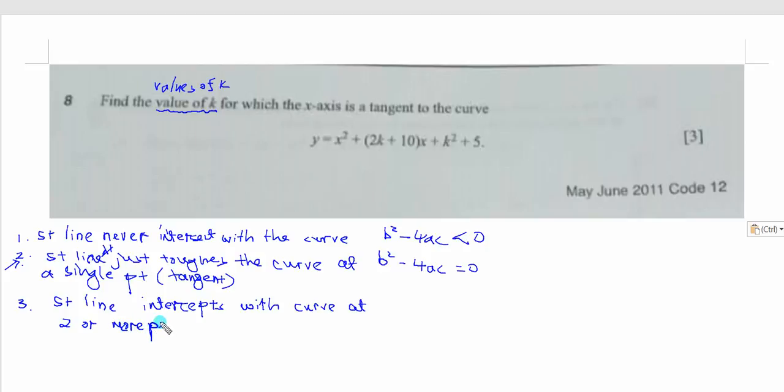Okay, so for cases like that, then b square will be more than 4ac. Or in other words, we write as b square minus 4ac is more than 0.